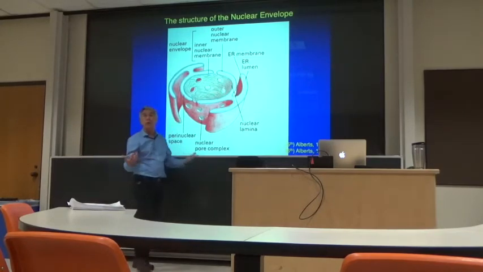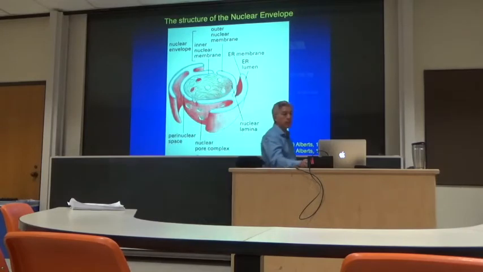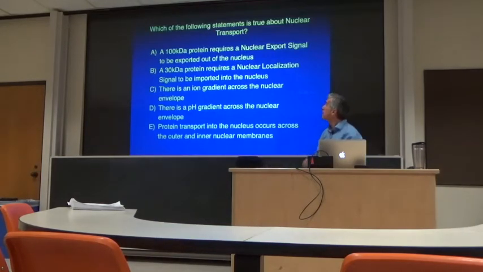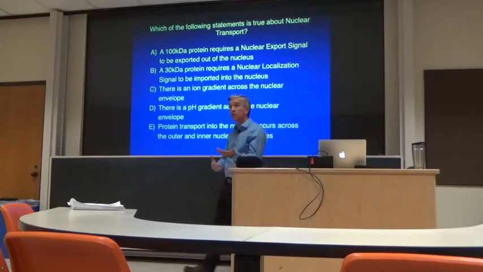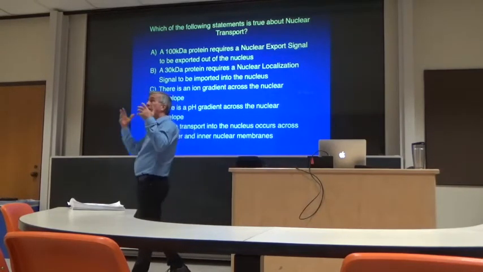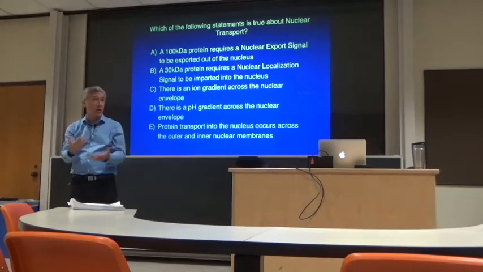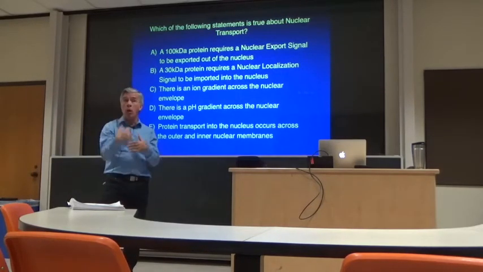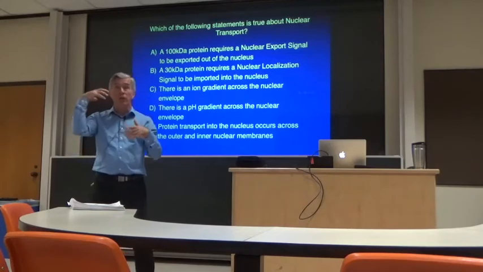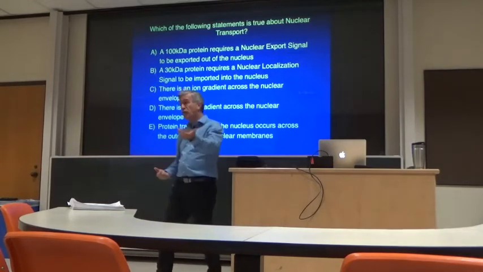All traffic in and out of the nucleus is going to occur through those holes, which we call nuclear pores. So that leaves us with the possibility that a large protein of 100 kilodaltons requires a signal to go from one compartment to the other, which is the theme throughout the course: proteins in general, to go from one compartment to another, have a signal to travel to that compartment.